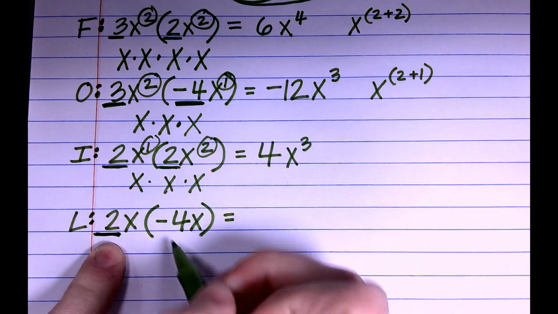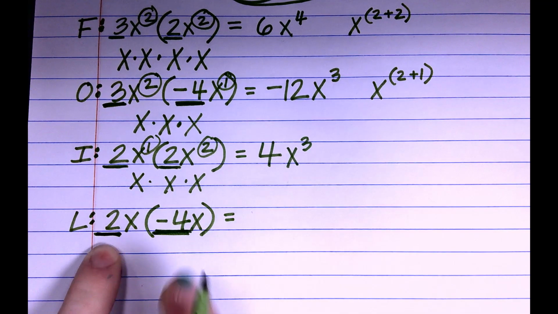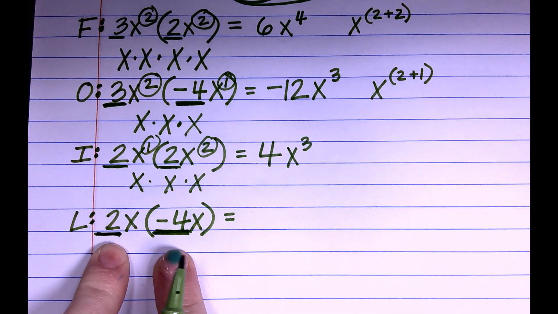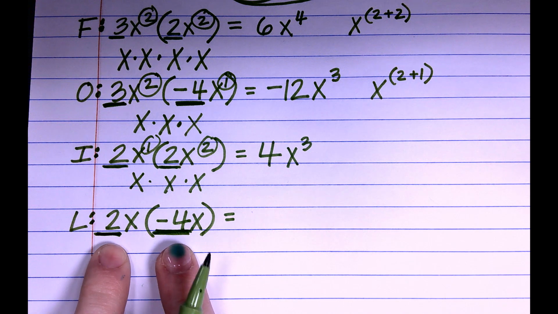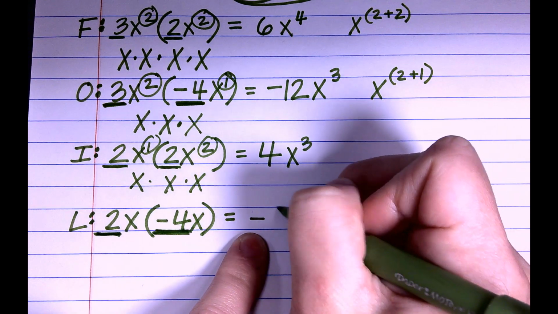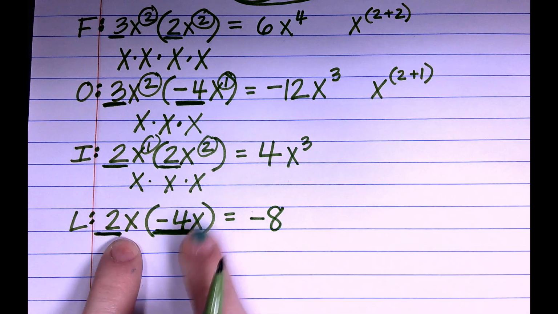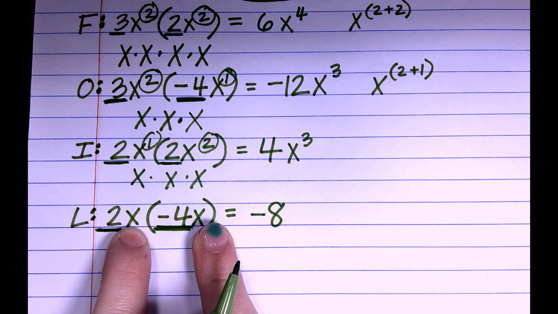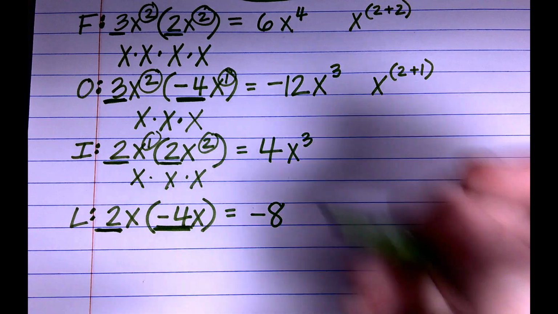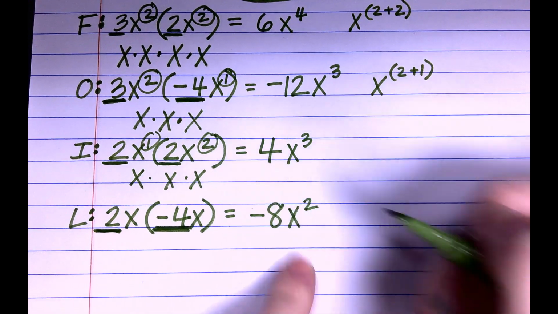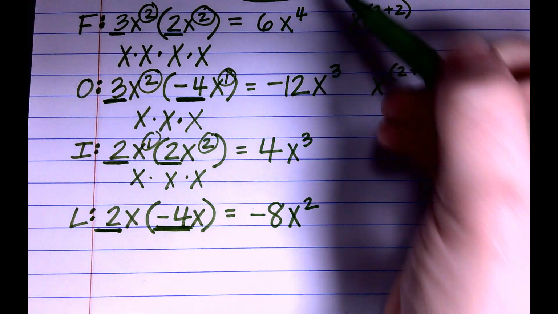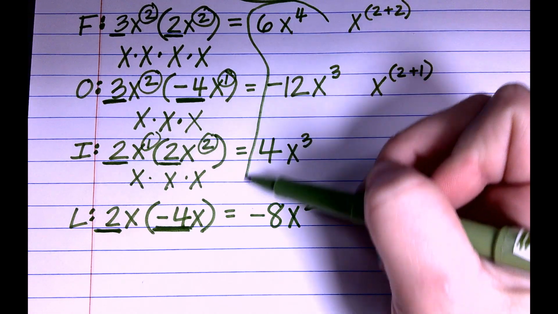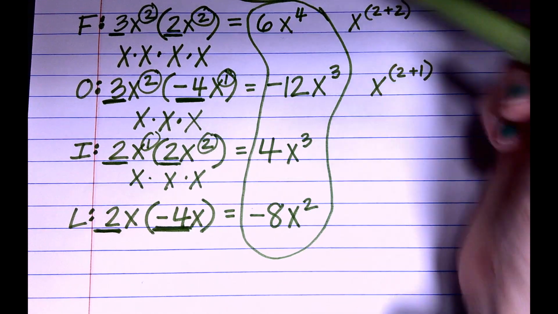I have positive 2 and I have -4. What is 2 times -4? -8. Good. And now I have x times x. What will that give me? X squared. Perfect.